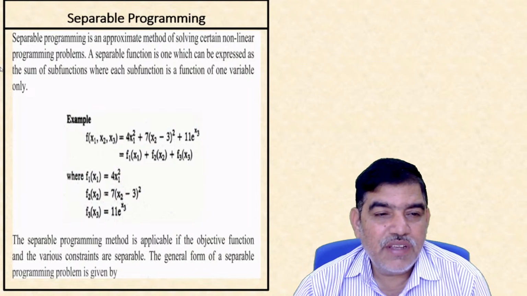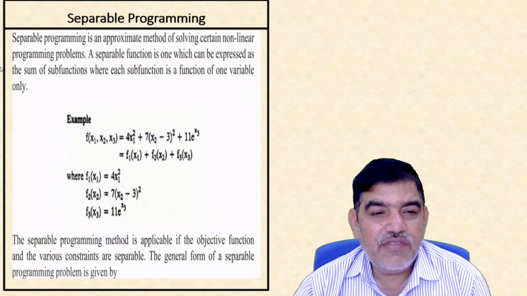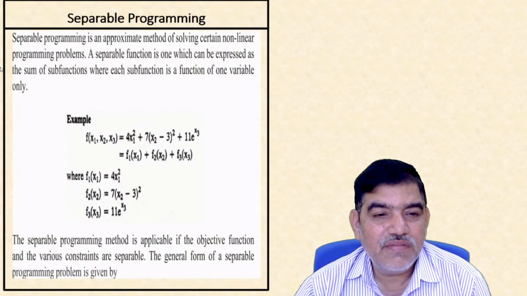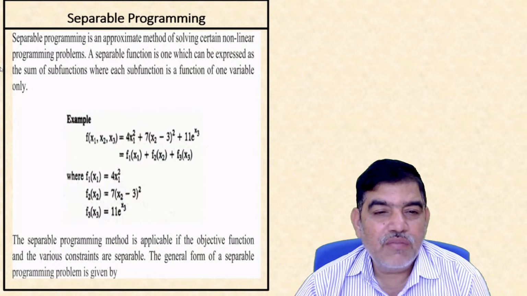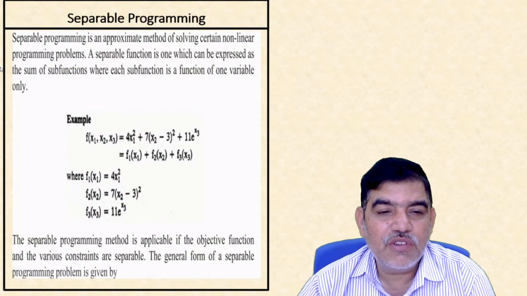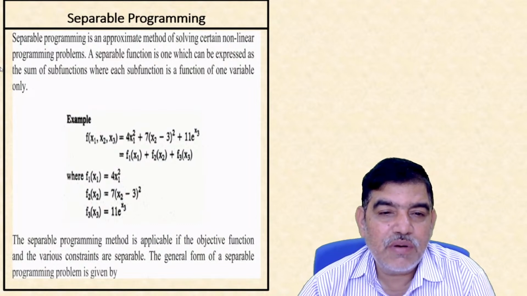I have explained with an example, that is f of x1, x2, x3, the objective function, equal to 4x1 squared plus 7(x2 minus 3) whole squared plus 11e to the power x3.